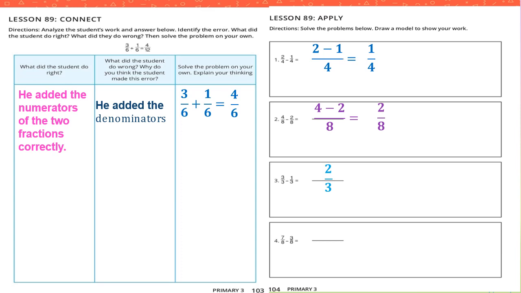The next one, 7 over 8 minus 3 over 8. Down we have the same denominators, so put it as it is, 8 as a denominator, no change. But 7 minus 3 up equals 4, so the result will be 4 over 8.